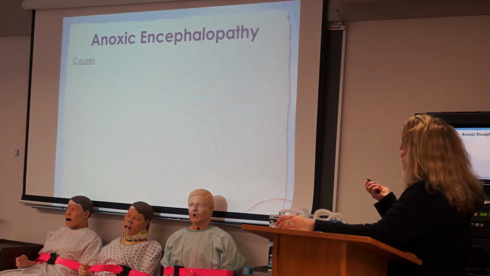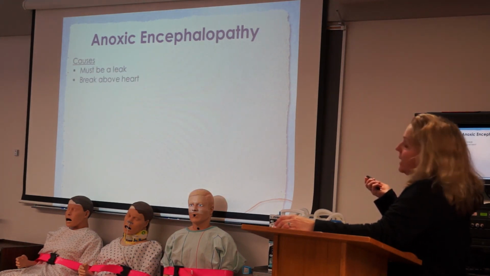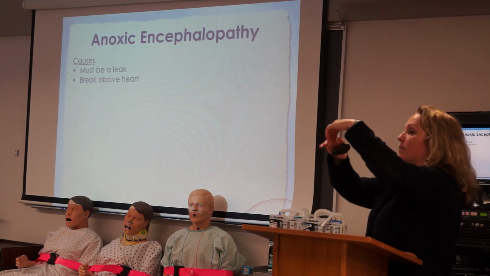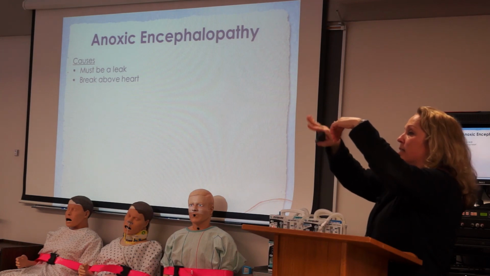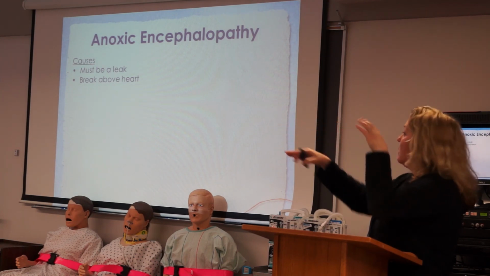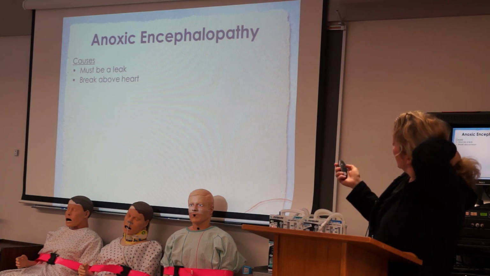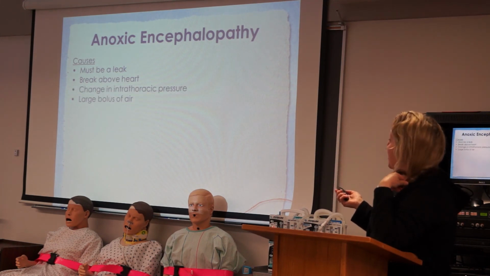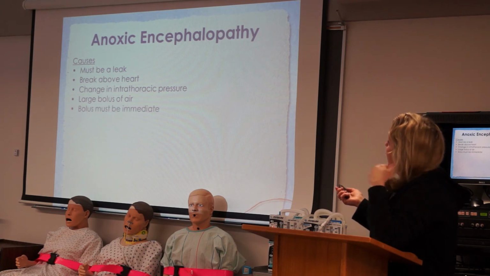There could be a leak. So if you can imagine these lines go in, and if the wall of the vessel itself has somehow broken open and now they're leaking out, a break above the heart, some kind of change in intrathoracic pressure, or a large air bolus. Bolus must be immediate.